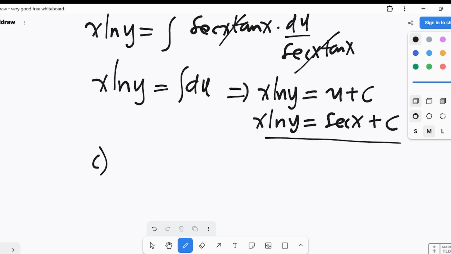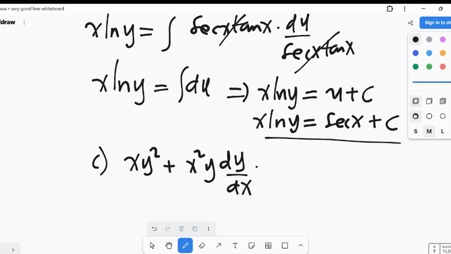So imagine you have xy square plus x square y dy by dx is equal to sec square 2x.